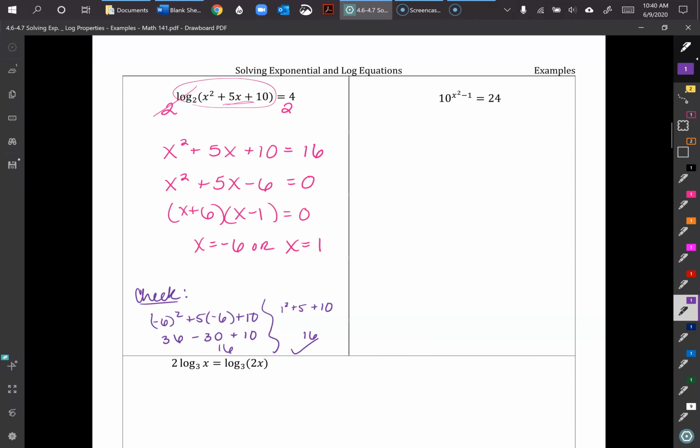Now this one on the right hand side, I have 10 to the x squared minus 1 equals 24. So in this case, since I start with an exponential, to undo that, I need to take the log of both sides.